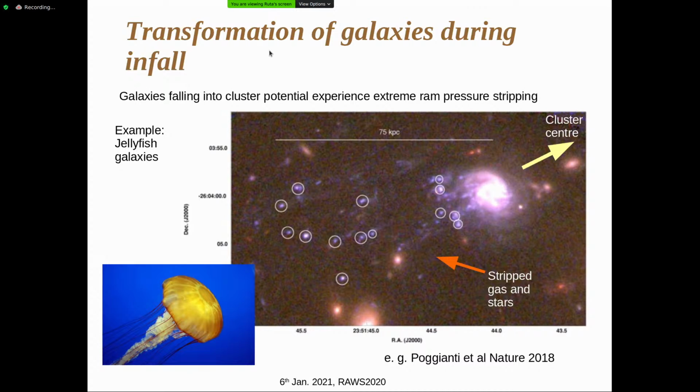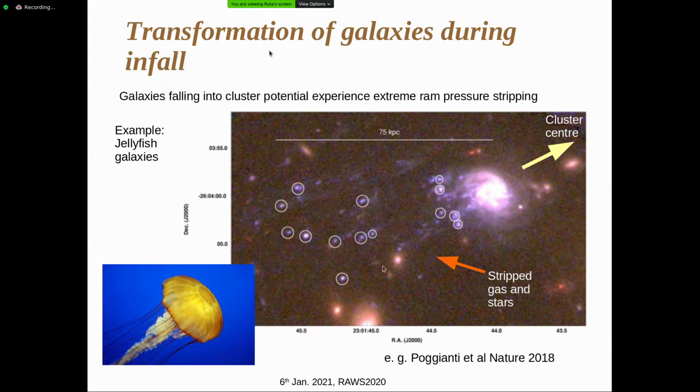There is this dense gas, and it is moving at a high speed through this surrounding gas. So the loosely bound gas in this spiral galaxy gets stripped off, and there is this jellyfish galaxy shown here.